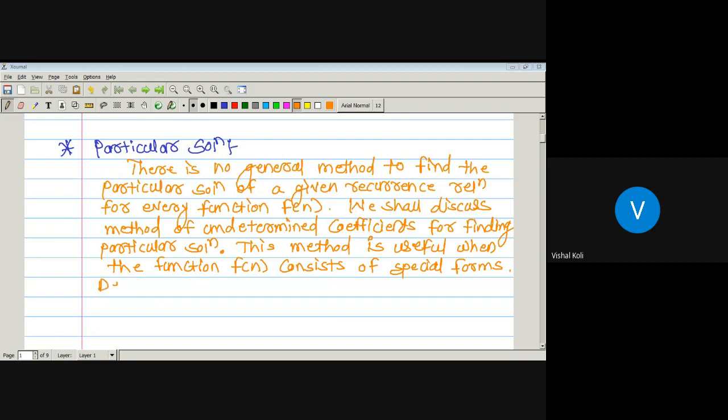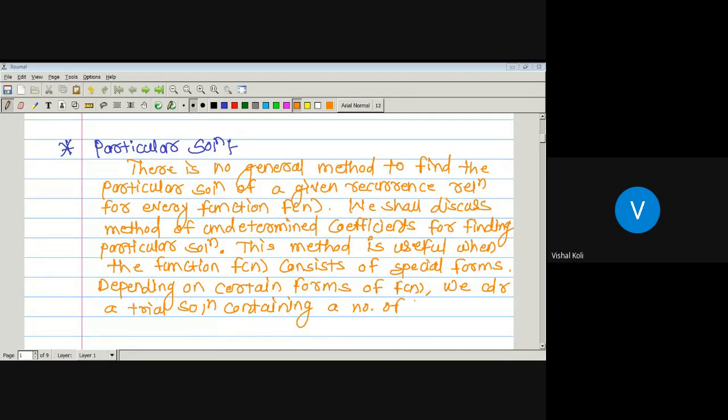Okay, so depending on these certain forms of f of n, we consider a trial solution containing a number of unknown constant coefficients which are to be determined by substitution.